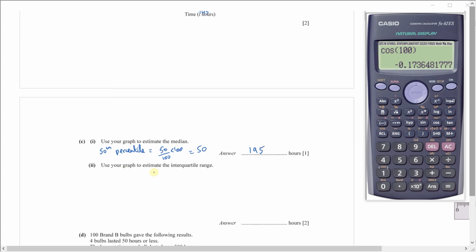Part 2 is use your graph to estimate the interquartile range. So your upper quartile will be the value at the 75th percentile, and then your lower quartile will be your 25th percentile value.